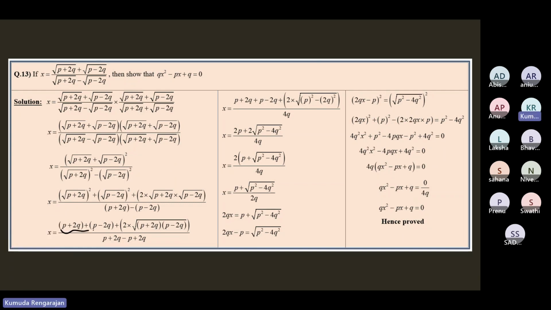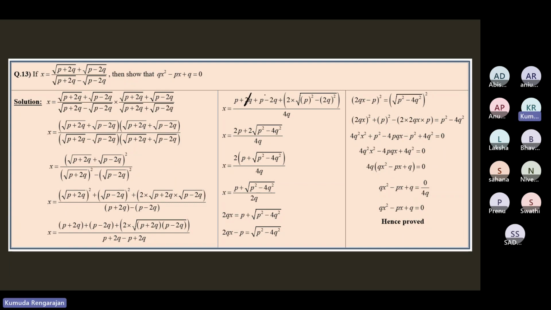So we get root of P square minus 4Q square.